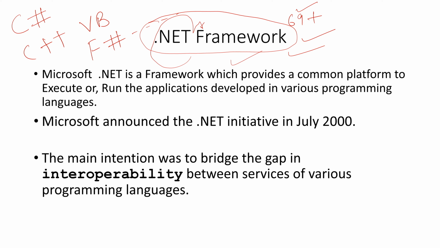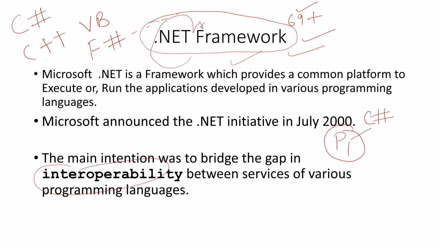Okay, so the main feature of this .NET framework is that it provides interoperability to different languages. By interoperability, what we mean is that consider you have a project P1, and you are developing some application. Let us assume you are using language C sharp.